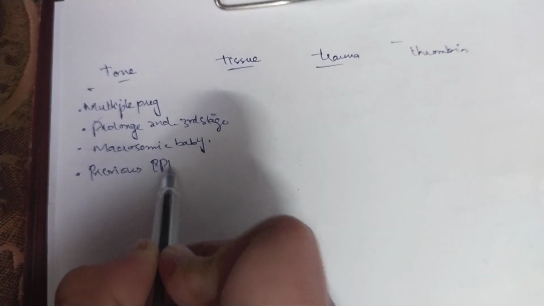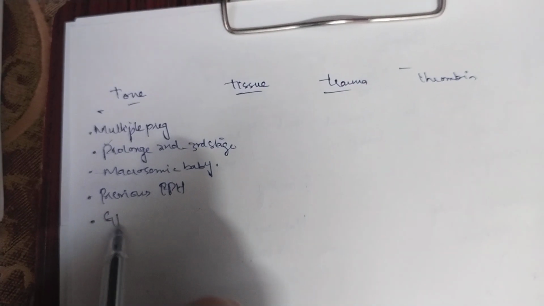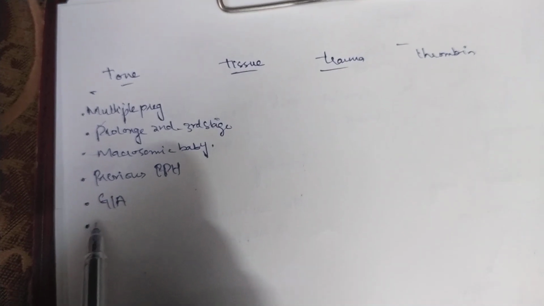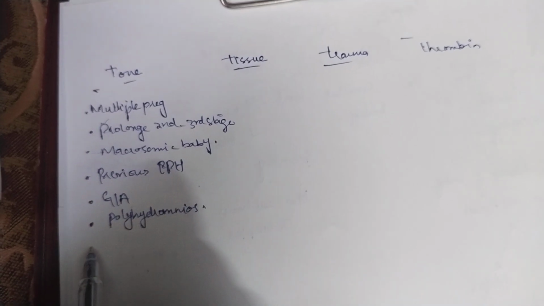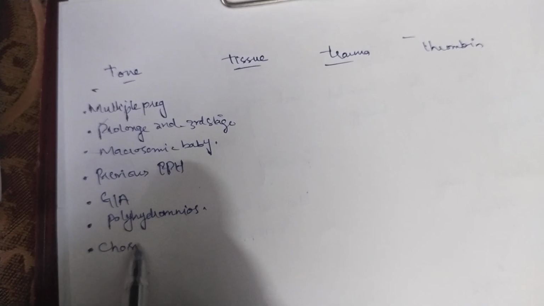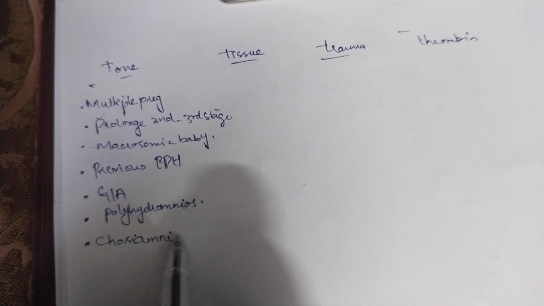Okay, general anesthesia is also a cause of PPH by decreasing the tone of the uterus. Okay, if polyhydramnios is there, it also causes over distension of the uterus. If there is chorioamnionitis, any infection of the chorion or amniotic fluid, or if anything is distorting the cavity, for example fibroid, it also decreases the tone and causes PPH.